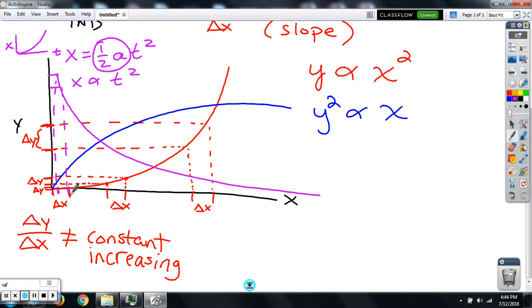So that indicates an inverse relationship. So delta y is decreasing at the same rate that delta x is increasing. So that we would get y is proportional to 1 over x.